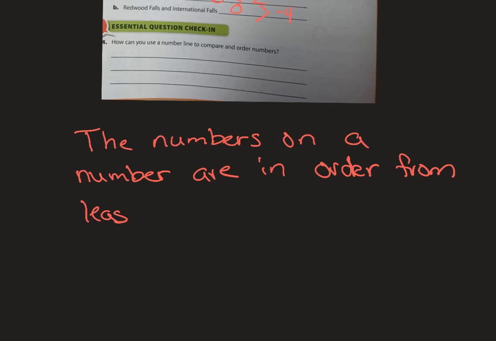On a number line, how are they ordered? From least to greatest. Right. So if you graph them on a number line, they're already ordered for you, least to greatest. If you want to go the other way, you have to go backwards, right?